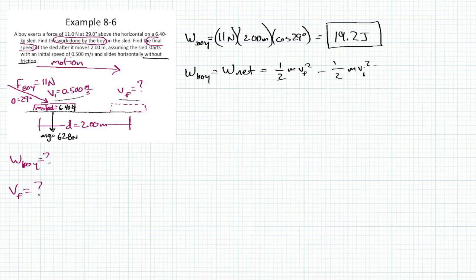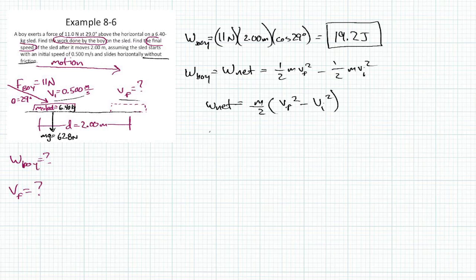So let's see here. We're just going to write this in terms of net work. I'm going to factor out the 1/2 m first, or m over 2. You might do this a different way mathematically too, but from this point on, it's really just algebra. Net work equals m over 2 times v f squared minus v i squared. Let's bring our m over 2 across to the other side.